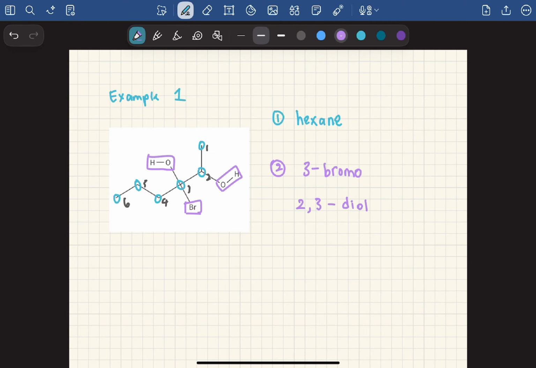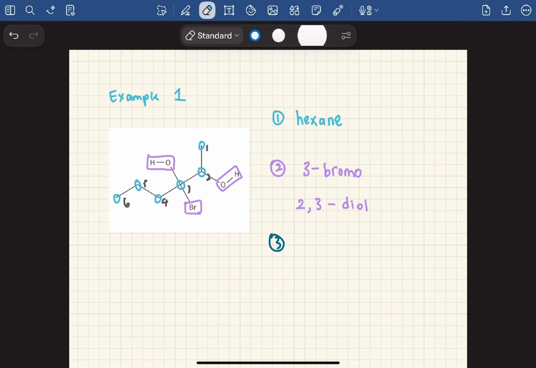So now that we have listed the 3 individual parts of this name, we have to list them alphabetically. But technically, only bromo would be a prefix, since for all other functional groups, remember, they all had suffixes. So for functional groups, it will go last after the name of the hydrocarbon chain.